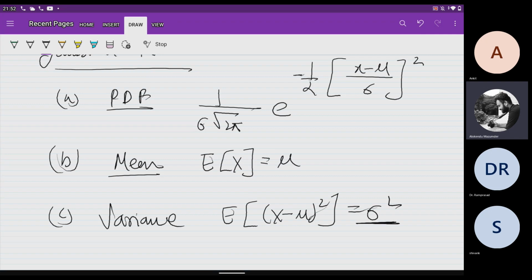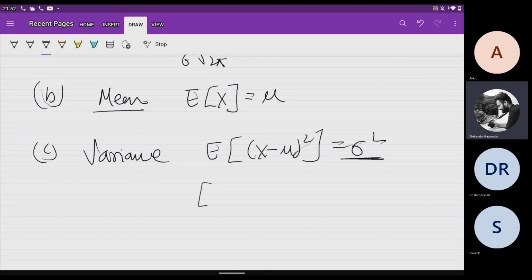This tuple, the mean and sigma square, are known as parameters.